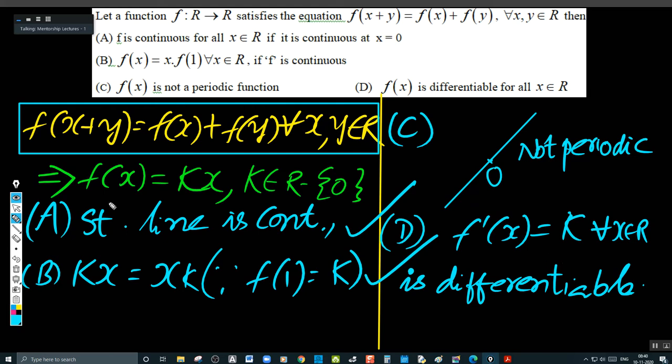You must be in a position to take it, or otherwise you have to solve that functional equation to get this function. But it need not always be like that; some five standard functions I gave you. Did I give you 5 standard functions or not? Yes sir. Thank you. So, let us move. So, all ABCD are correct here.